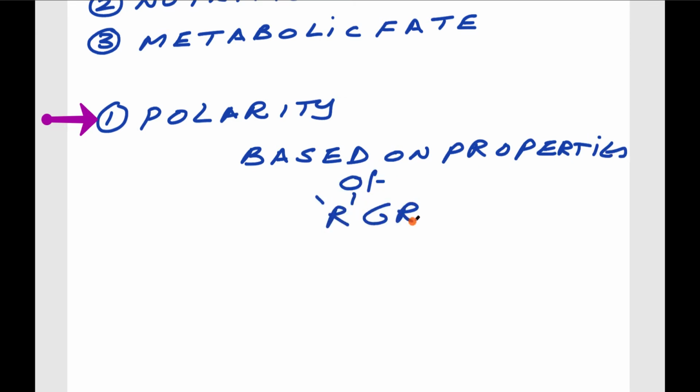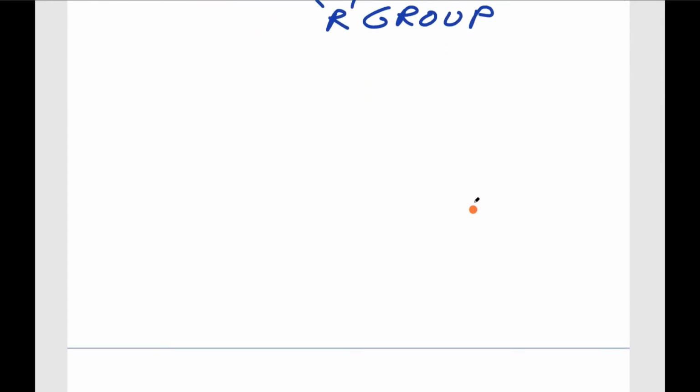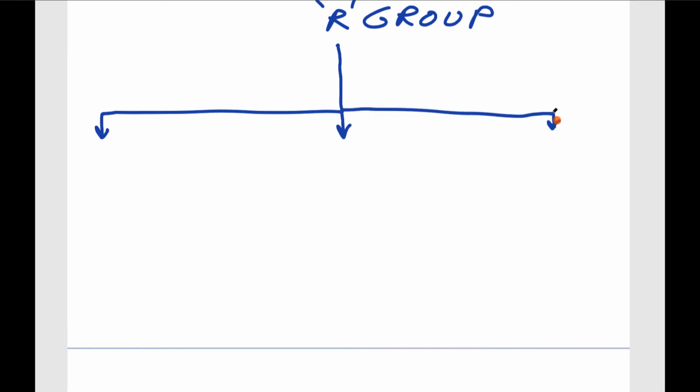So that is what we call the side chain. Let us classify based on these features. There are three such classes. Of course, for the last one, we can make two subclasses.